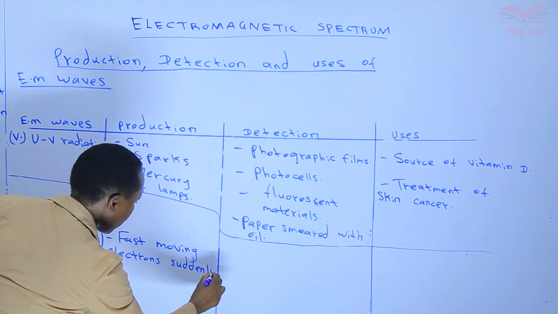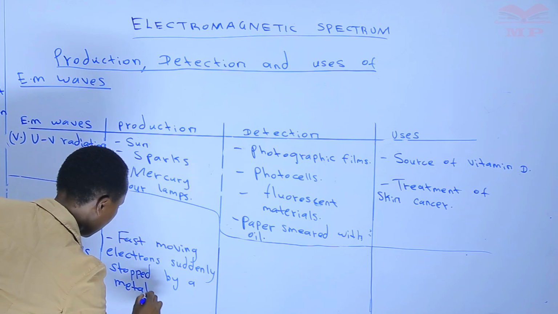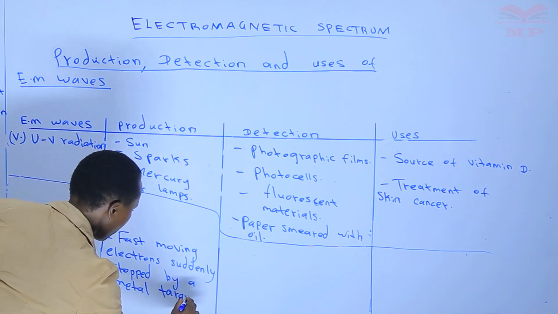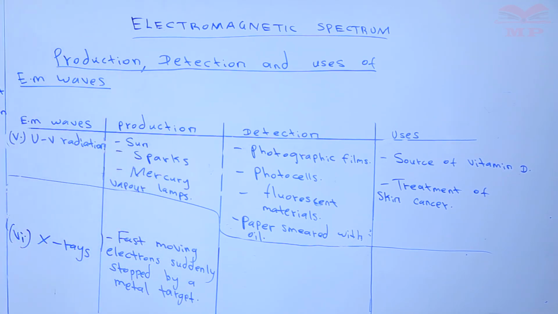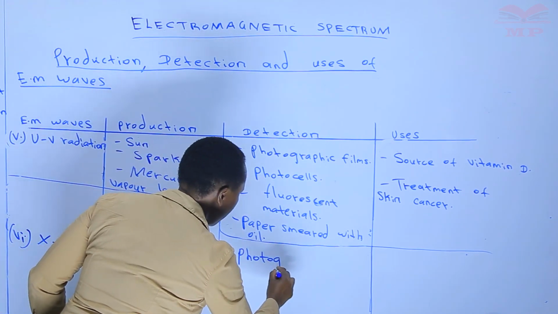So they are produced by fast-moving electrons suddenly stopped by a metal target. When you have fast-moving electrons moving at a very high speed and they hit a metal target, they produce what we call the X-rays. They are detected using the photographic film.